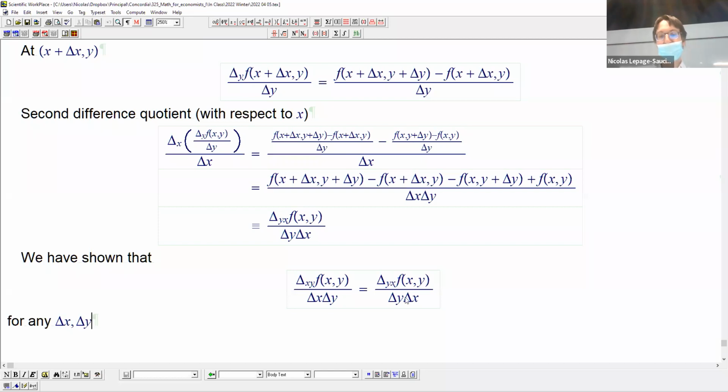Of course, they have to be different from 0, otherwise you cannot divide. So of course, it's true at the limit.